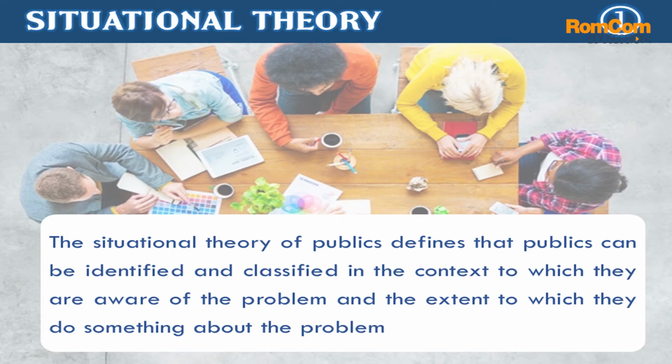PR categorizes people into different categories based on the degree of associations with the variables like recognition of the problem, recognition of the constraints, and the level of involvement. After careful consideration, the PR formulates the strategies to effectively deliver a message to the people.